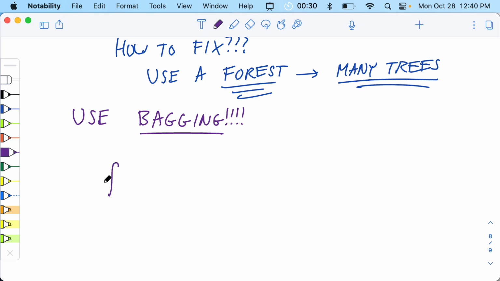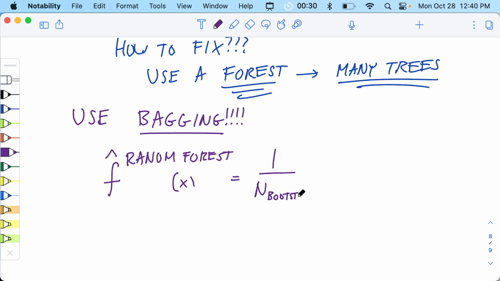So the f function of the random forest, we literally average the values of x. We average over all the bootstrap samples. So we go sum i equals 1 to n bootstrap, and we do f hat tree i of x.